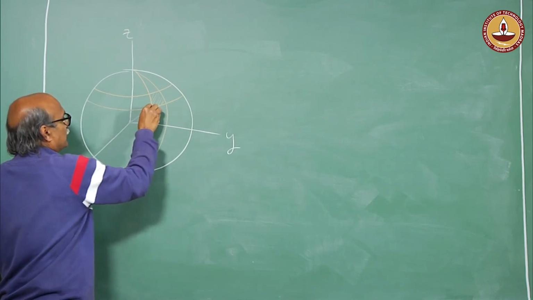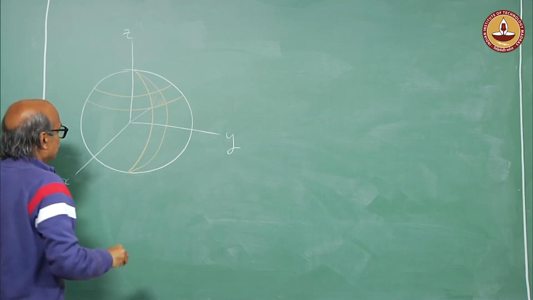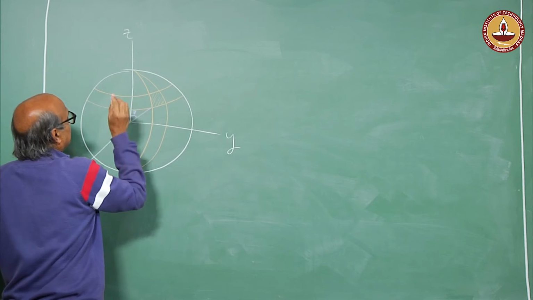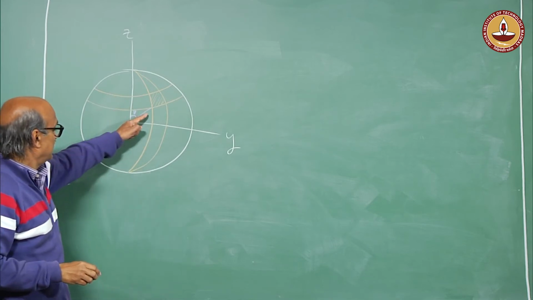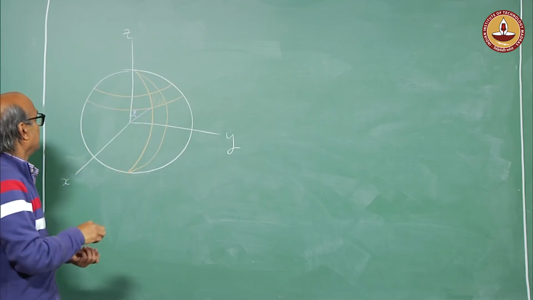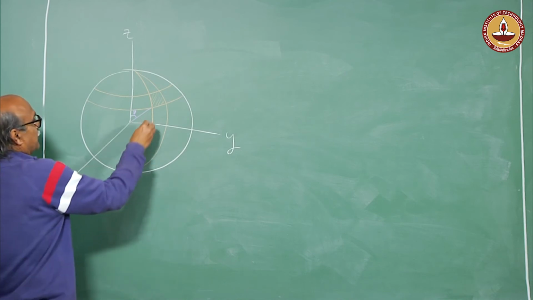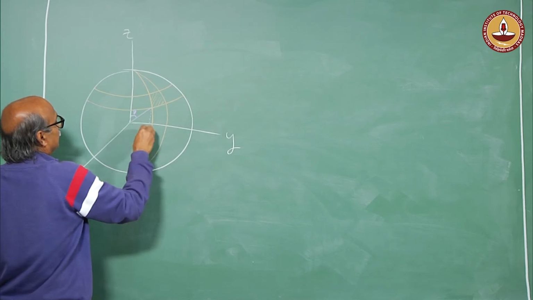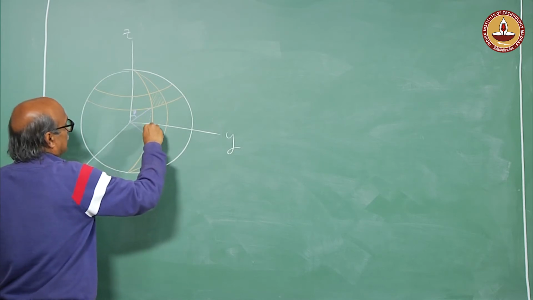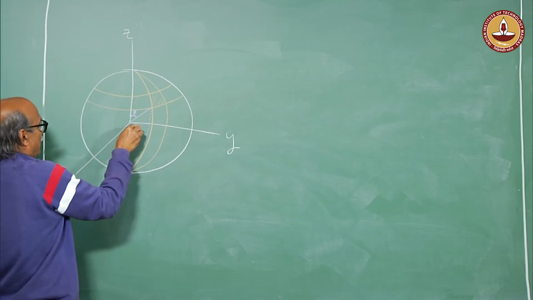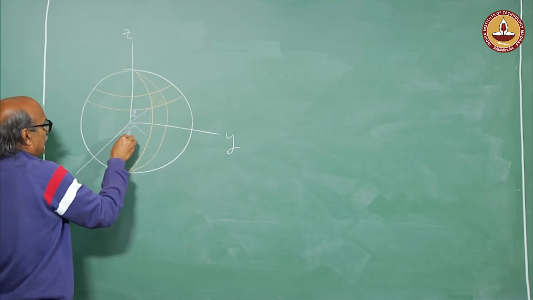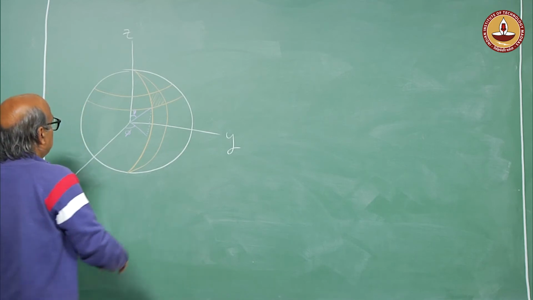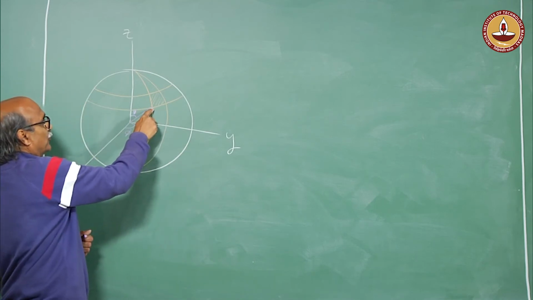The orientation of this point is defined by the angle theta that the line makes with the z axis, and if we take a projection of this line on the xy plane, the projection will make an angle of phi with the x axis. Okay. So, theta and phi define the orientation of this point.